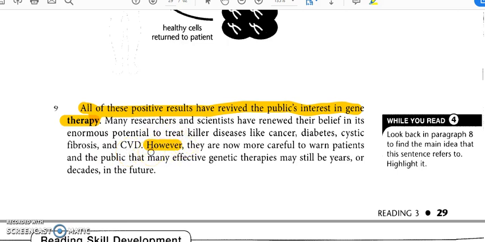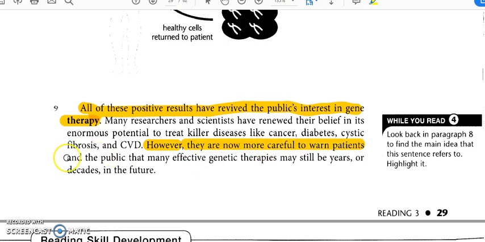We've got our word. However, they are now more careful to warn patients and the public that many effective gene therapies may still be years or decades in the future. So now we have to stop and ask ourselves and put this first sentence together with the last sentence.